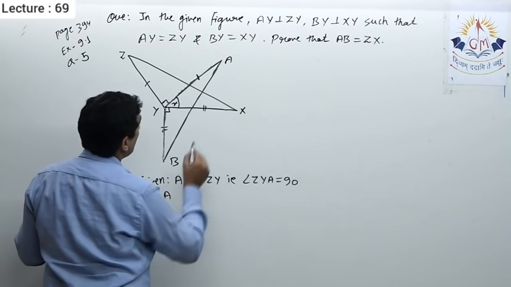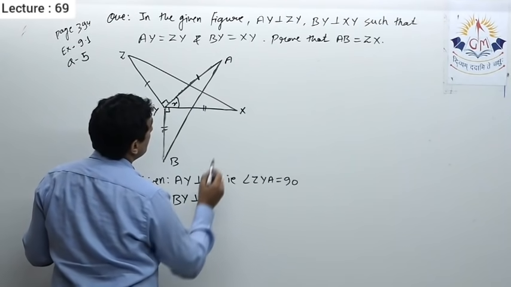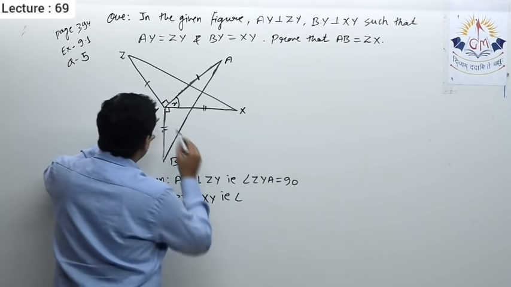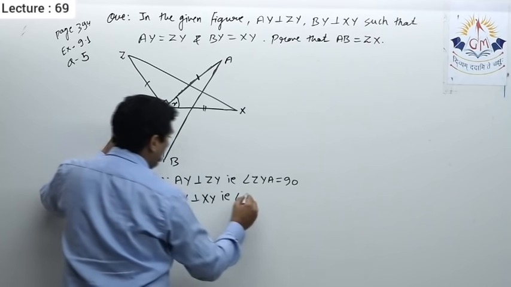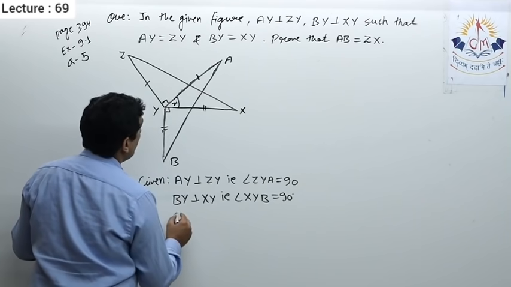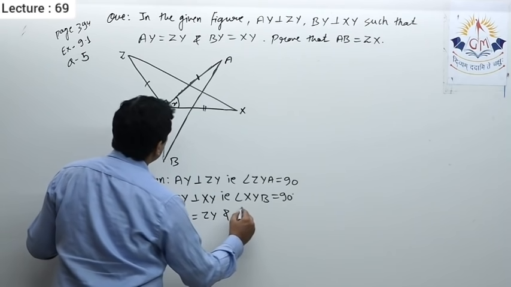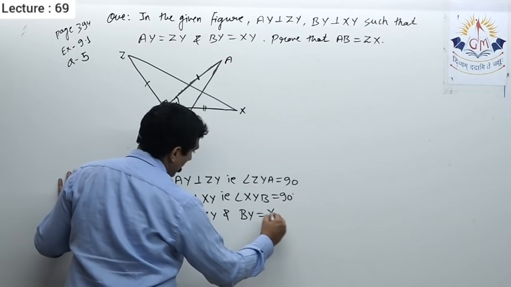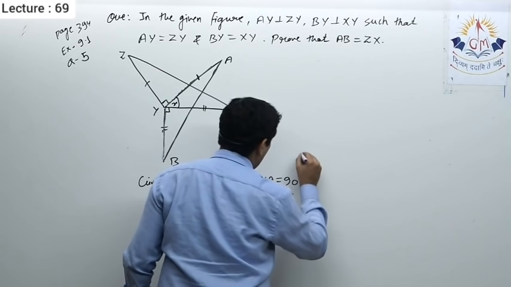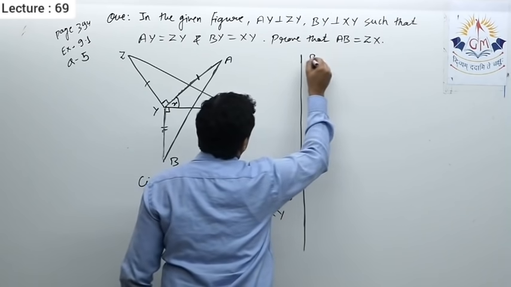Further it is given BY perpendicular to XY, so angle XYB is equal to 90 degrees. Also it is given AY is equal to ZY and BY is equal to XY. Now I will start its proof. Construction is not required over here.